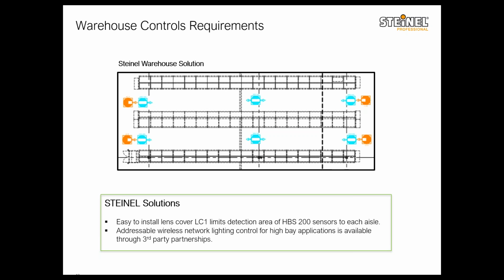And as you can see, we have the LC1 lens cover to limit the coverage of our HBS 200s to within each aisle as the code requires. So overall, it's a nice solution.